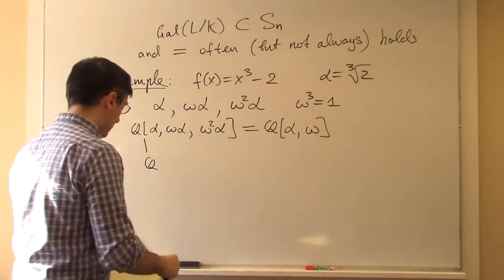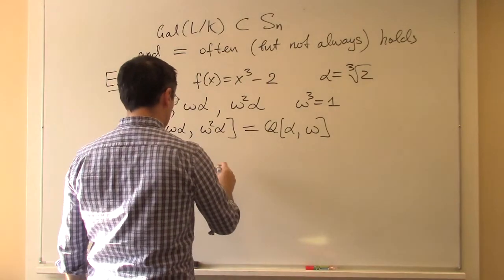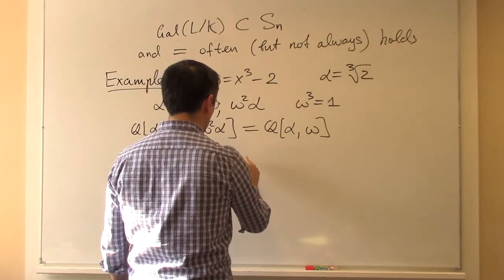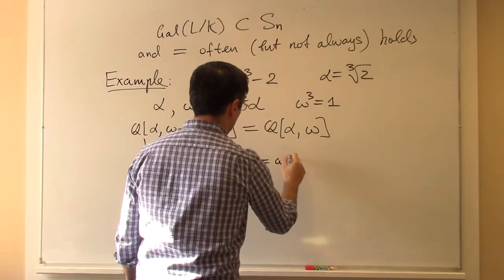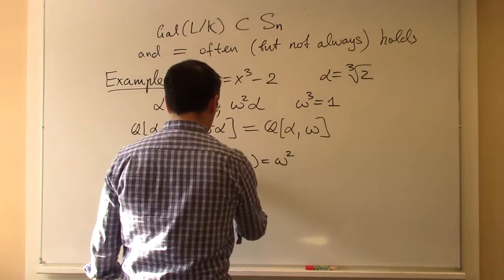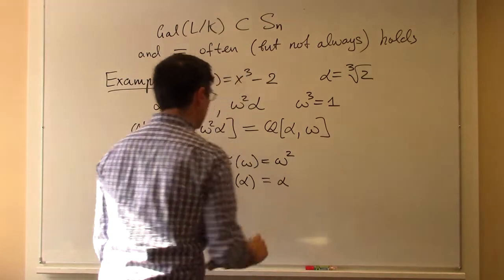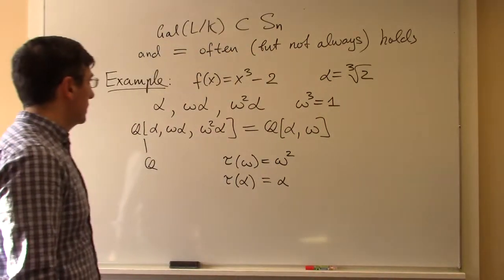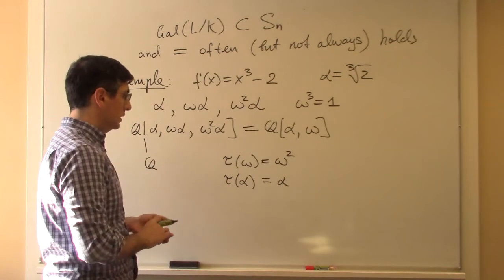All right, so one automorphism will be tau, sending omega to omega squared, and tau acting on alpha by not doing anything. Let's make sure that this is actually an automorphism of this field.